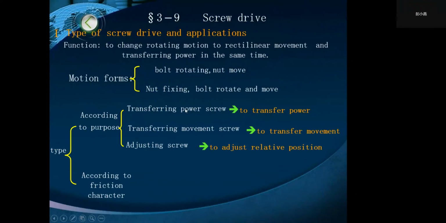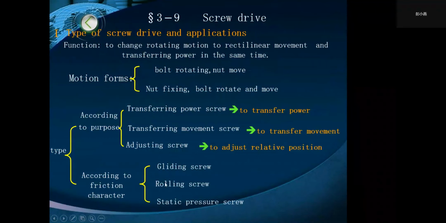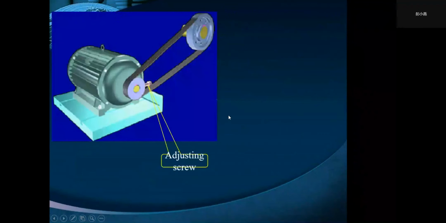The transferring power screw is to transfer power, and the transferring moment screw is to transfer moment, and adjusting screw is to adjust the relative position of bolt and members. And according to friction character, it includes gliding screw, rolling screw, or static pressure screw.